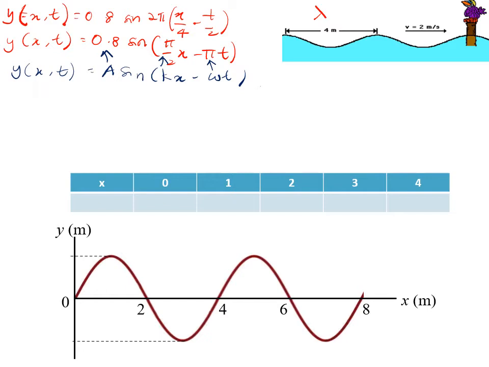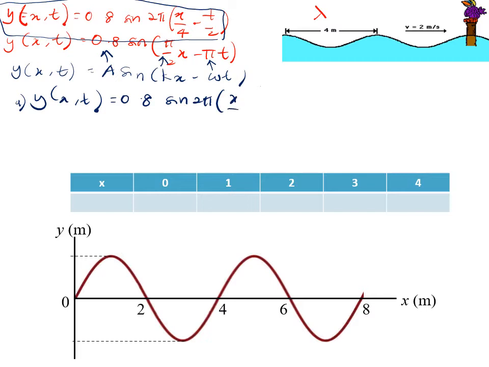So we have still not answered the question. The question says to sketch a graph for t equal to 0 seconds, so you need to substitute into the equation. I choose the upper equation, y in terms of x and t equal to 0.8 sine 2 pi (x over 4 minus t over 2).